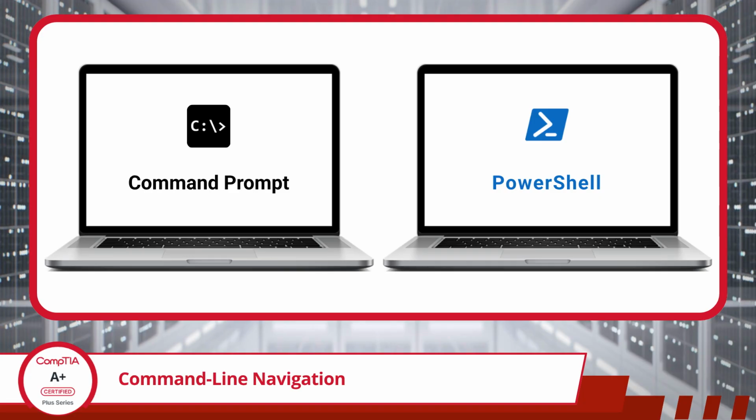It is designed with system administrators in mind and allows for more powerful command execution, scripting, and automation. For example, while Command Prompt focuses on simple, text-based commands, PowerShell can work with scripts and structured data, making it much more flexible for managing systems at scale. For the purposes of this video segment, the commands we are learning can be used in both Command Prompt and PowerShell, so the skills you build here will apply across both tools.